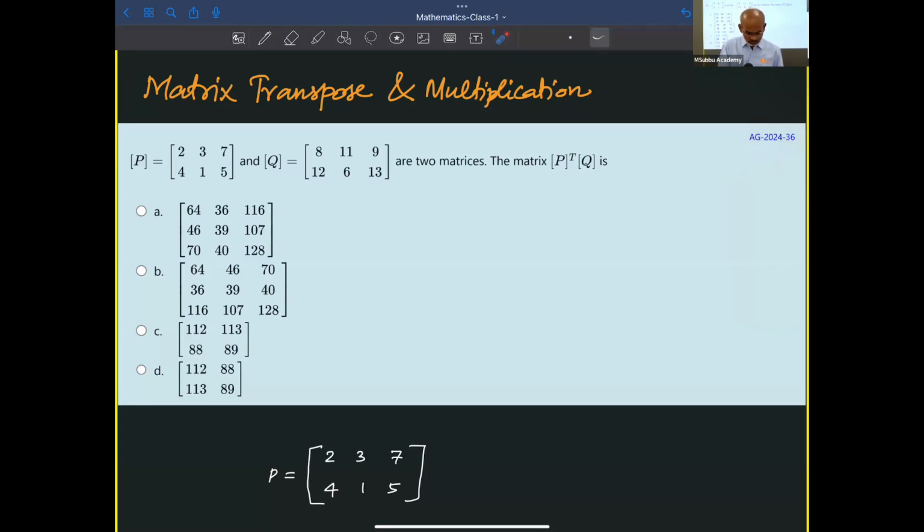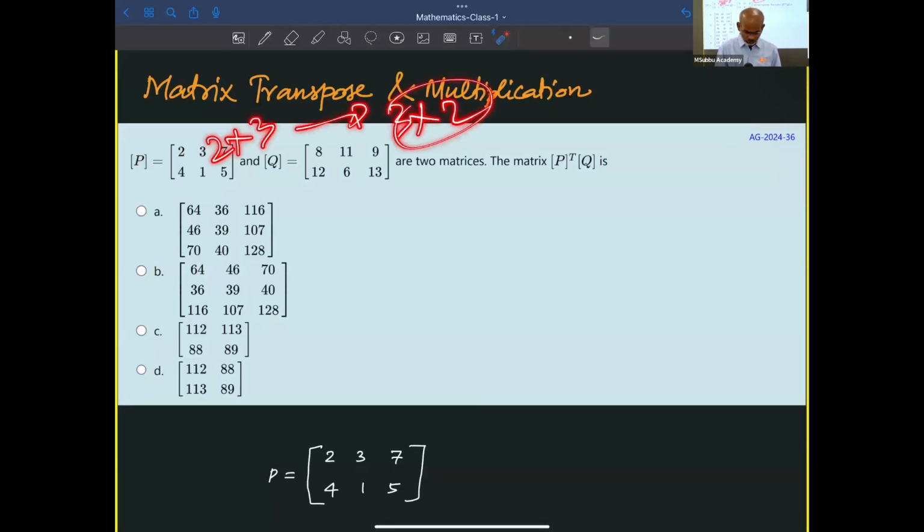So let us see. This problem involves matrix transpose as well as multiplication. We have a matrix with 2 rows and 3 columns, 2 by 3, and this also 2 by 3. As such, you cannot multiply these, and they have asked for P transpose to be multiplied with Q. So we first need to get the transpose of P. Since this is 2 by 3, the transpose will be 3 by 2.